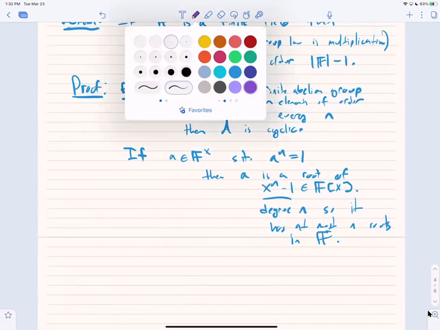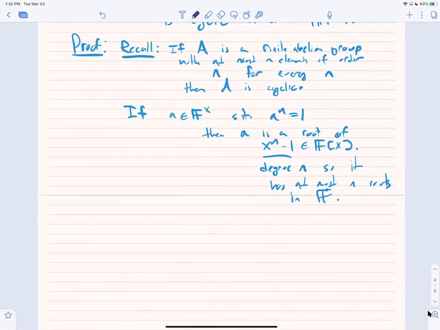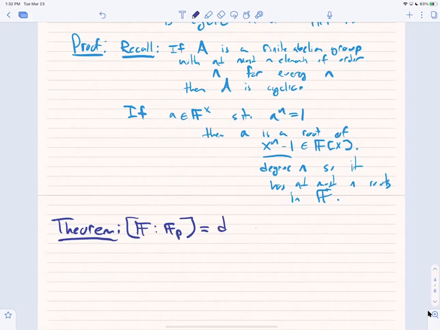Let me state the theorem, and I'll state it as this precise result, but I'll include also the consequence of it. So I have a field F, an extension of F_p whose degree is d.